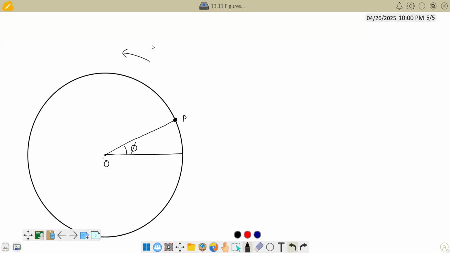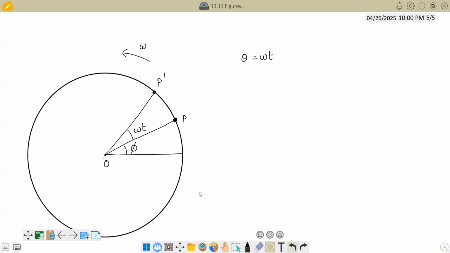Because of its rotation with angular speed omega, after time t, it went from this position to a new position. This is the new position of the particle. I will call this P dash, and this angle would be equal to omega into t, because angular displacement equals angular speed into time.